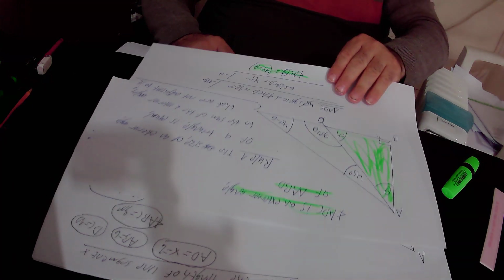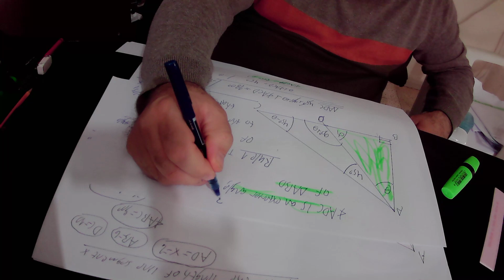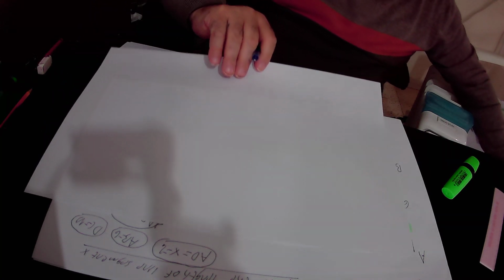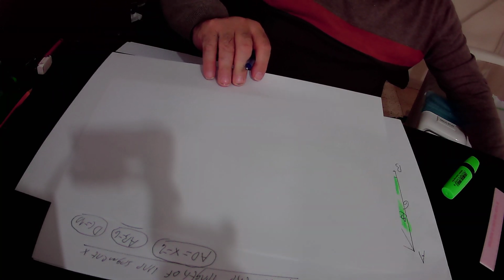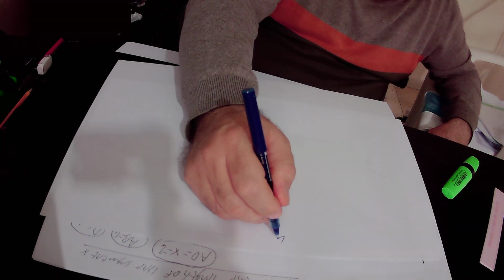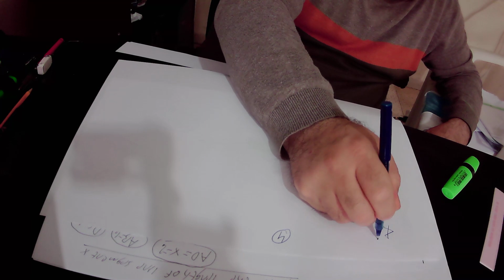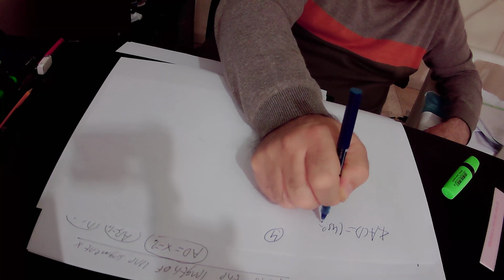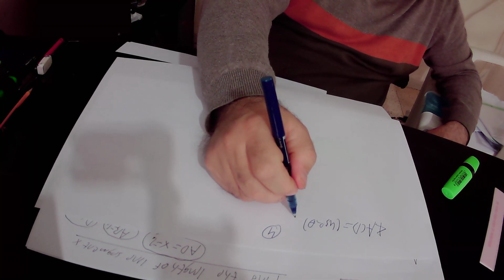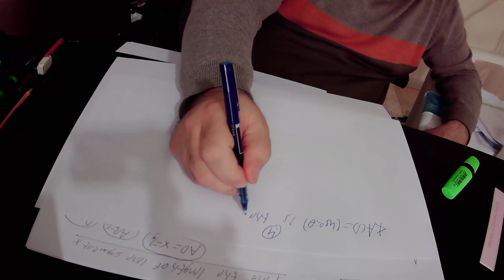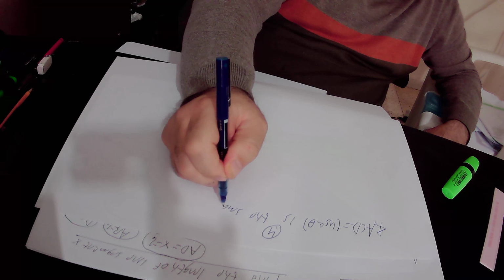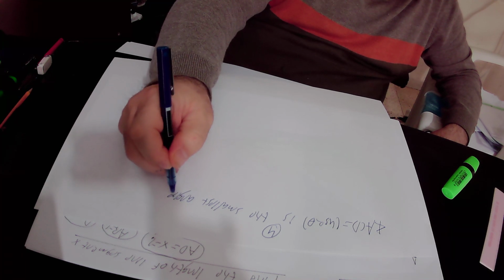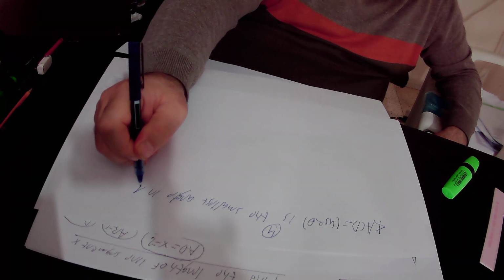So we can write down that angle ACD, which is equal to 45 degrees minus theta, is the smallest angle in triangle ACD.